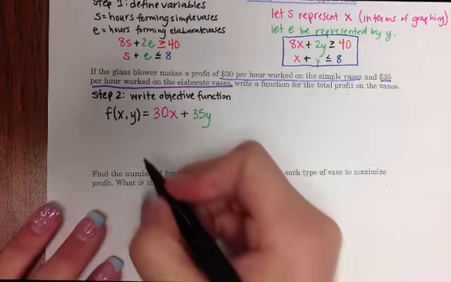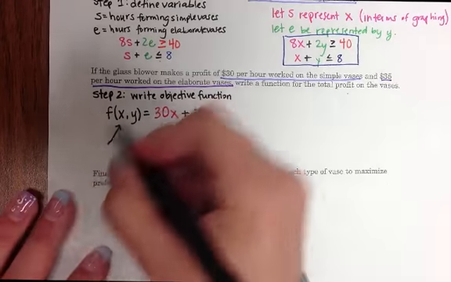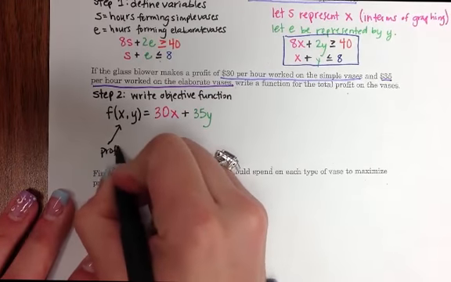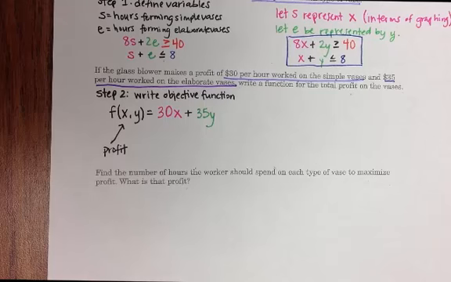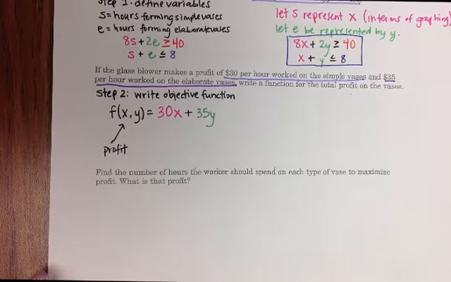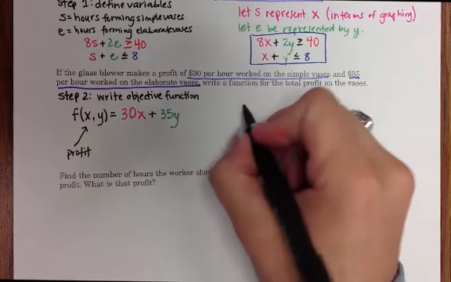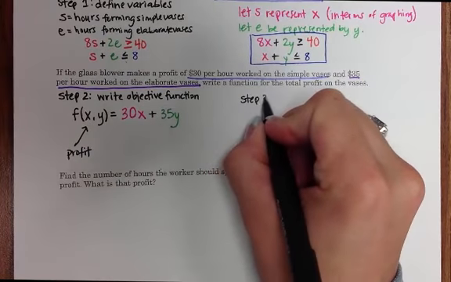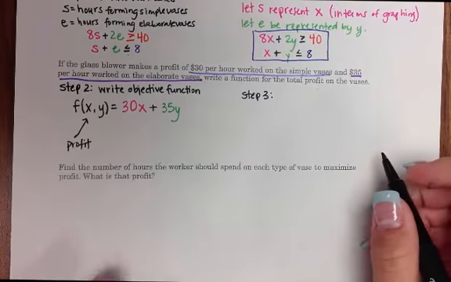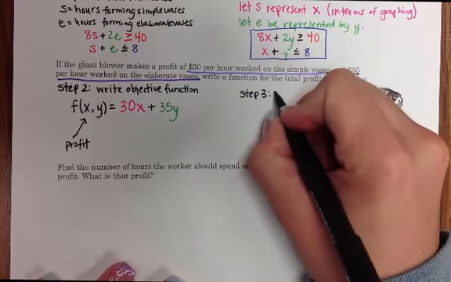So this f of x, y is going to represent profit. So now that we have our systems of inequalities and we have our profit function, we can move to step 3, which is writing our constraints.